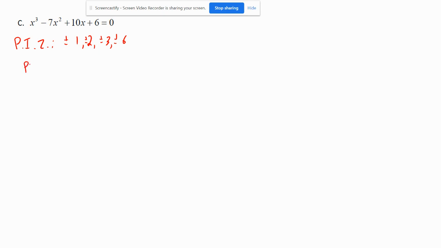Three works, so p of 3 equals 0. Therefore, x minus 3 is a factor.